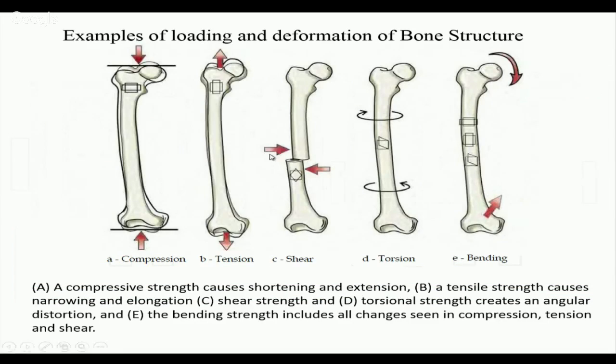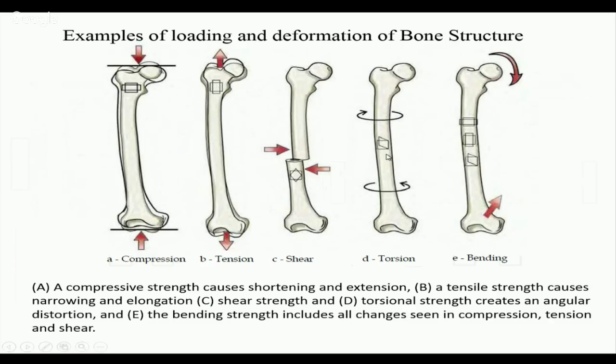Examples of loading and deformation of the bone structure are explained very nicely by some stress elements. If you consider a stress element here in the metaphyseal region of the femur, you can see this is compression and how the stress element shape is changing. Here also tension. Then the shear is distorting the element. The element is subjected to distortion.